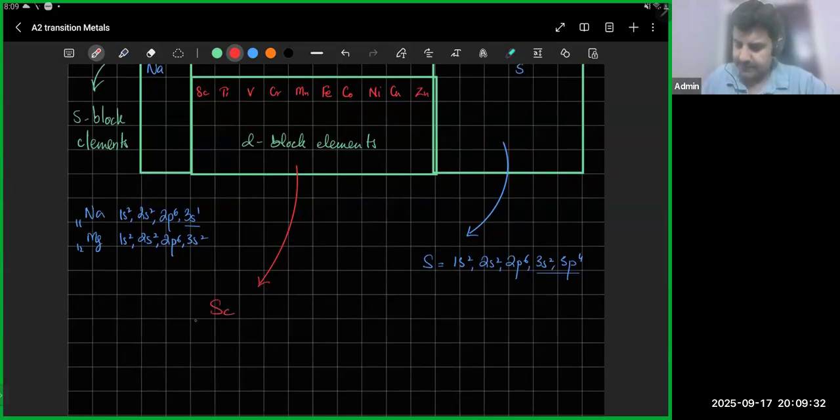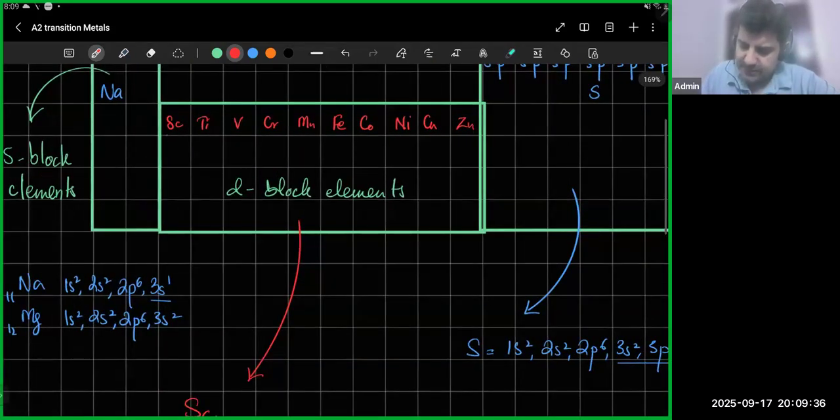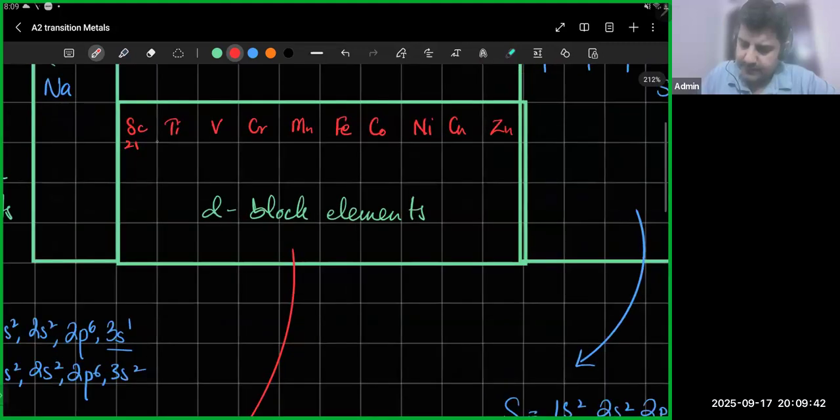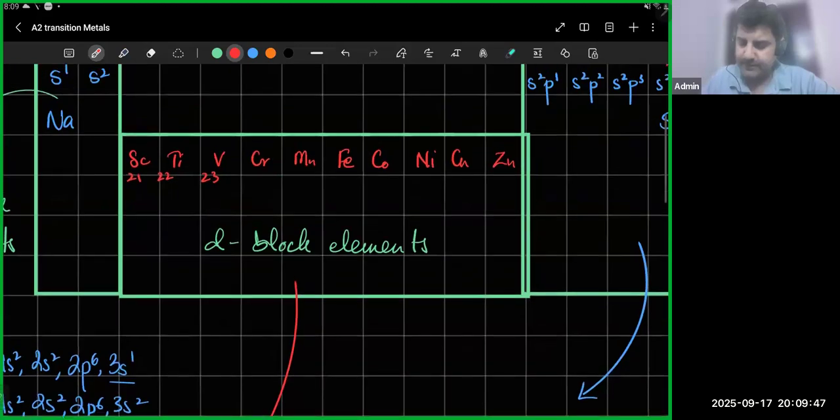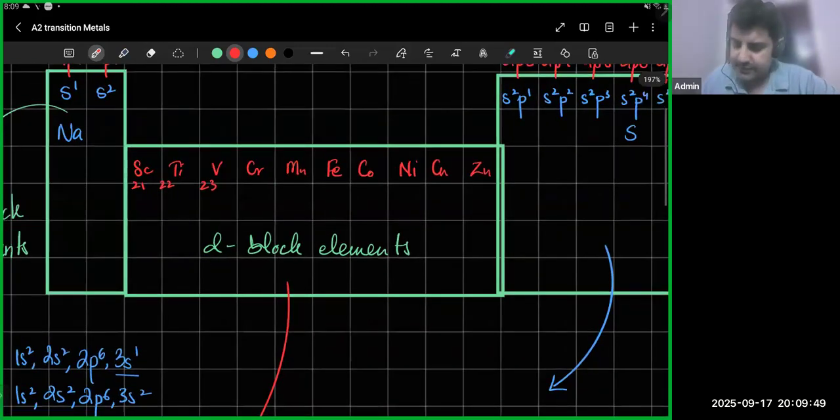If you look at scandium with 21 electrons, transition metals start at proton number 21. Before the fourth period, there are no transition metals or d block elements. So 25, 26, 27, 28, 29, and 30.